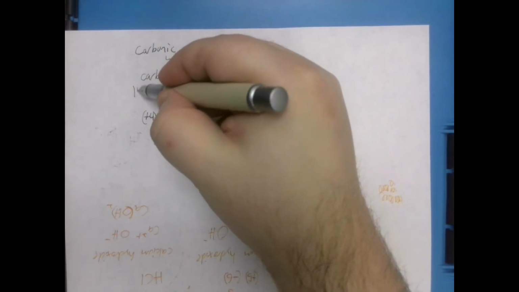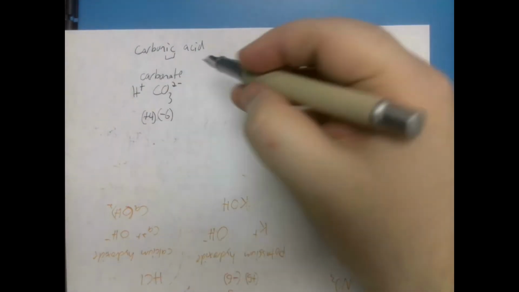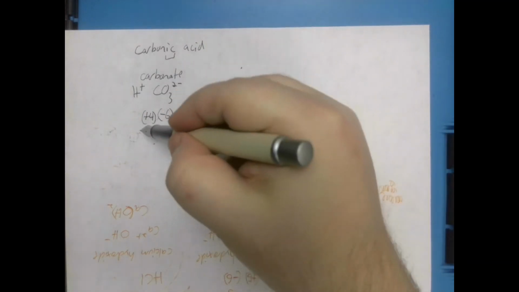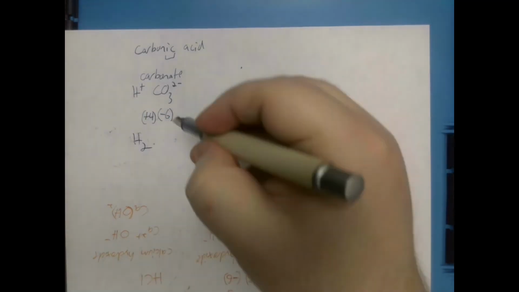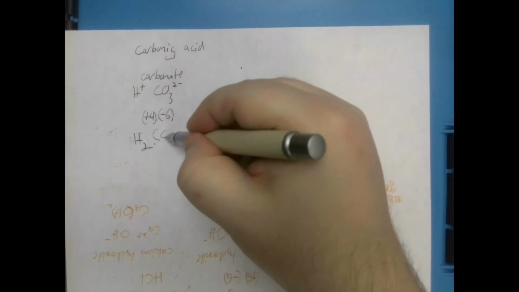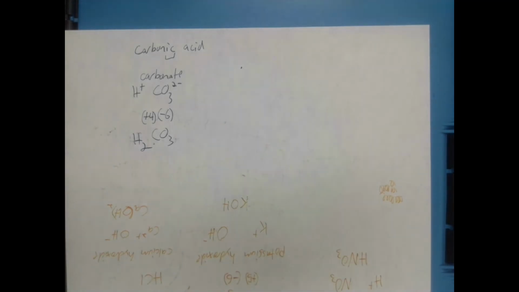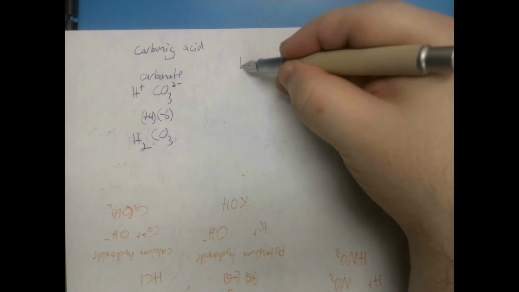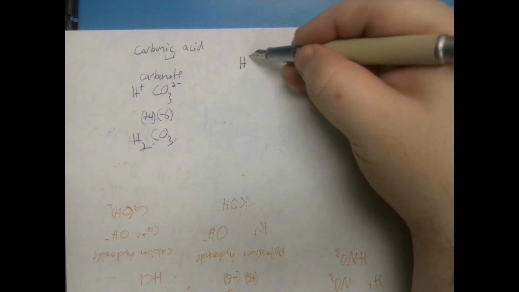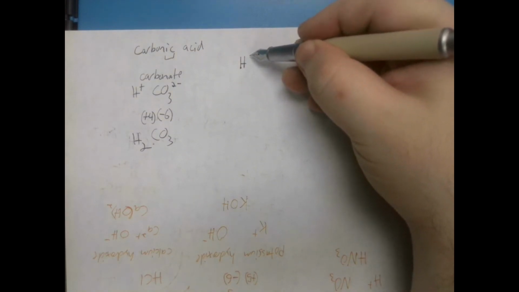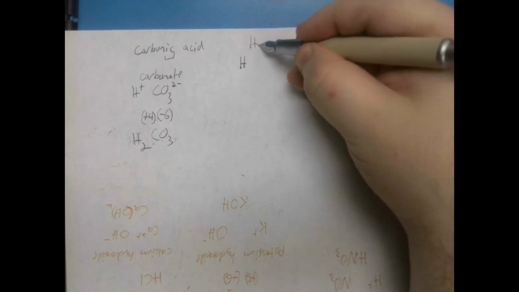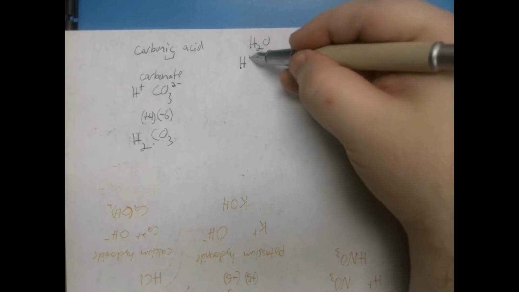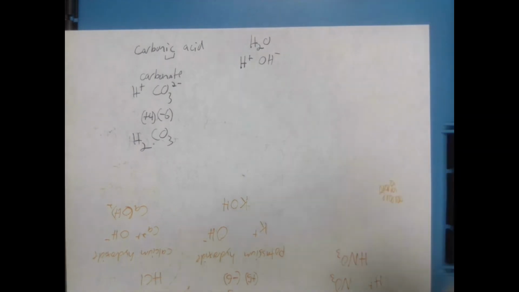And then the H plus over here. So this reacts. The 2 is going to distribute onto the H2, and CO3 here. So water, if you treat it as an acid and a base, water breaks apart into its ions.